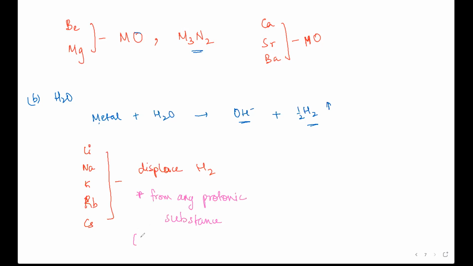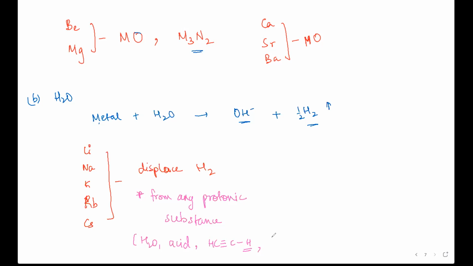So that involves, apart from water, acids, they displace hydrogen from acids, even weakly acidic substances like ethyne, right? So they are capable of displacing this particular hydrogen from ethyne. And even ammonia.